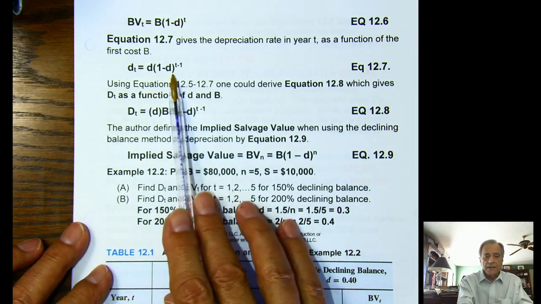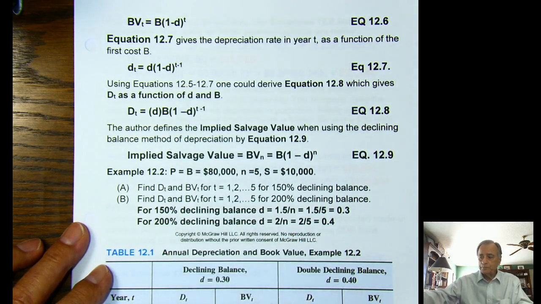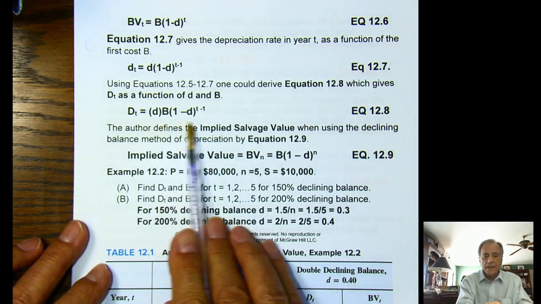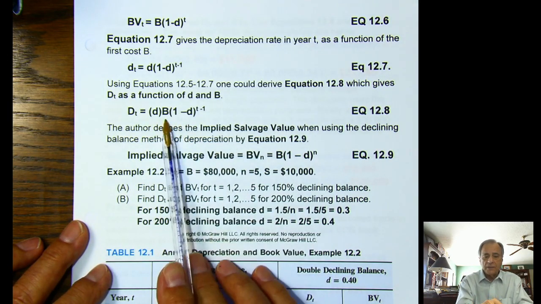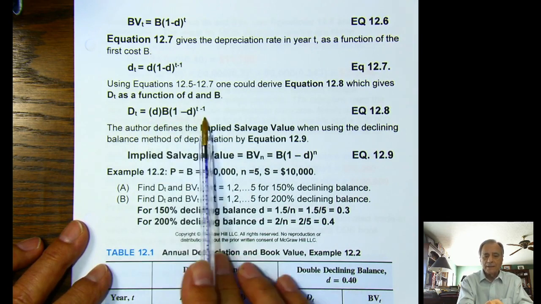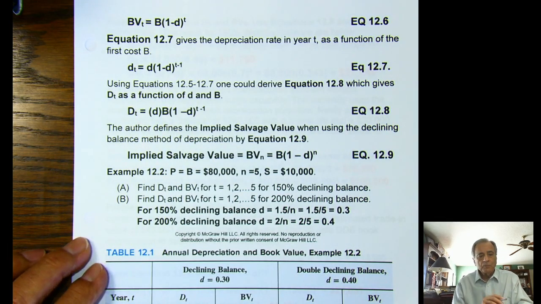And if I combine that with an earlier equation, I can get the depreciation as a function of just the book value, the original basis and this D factor, okay?